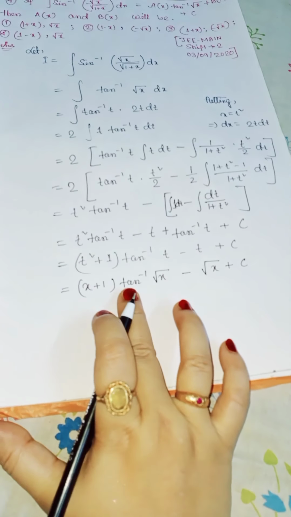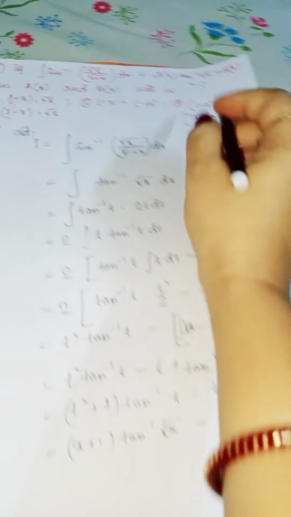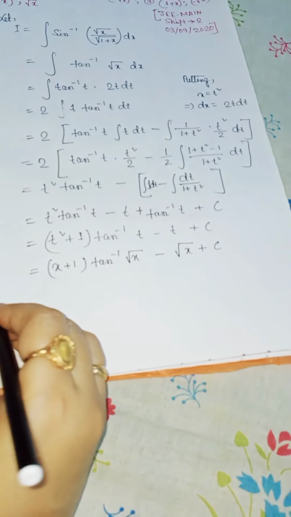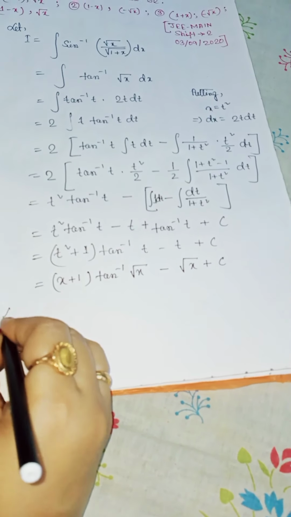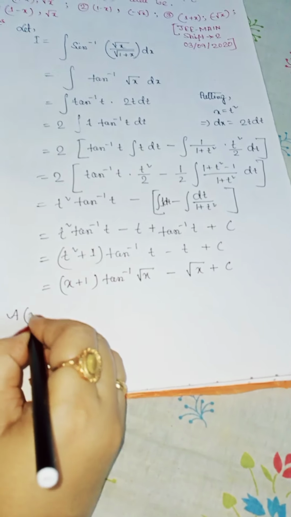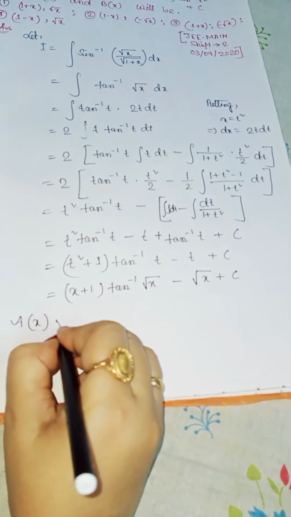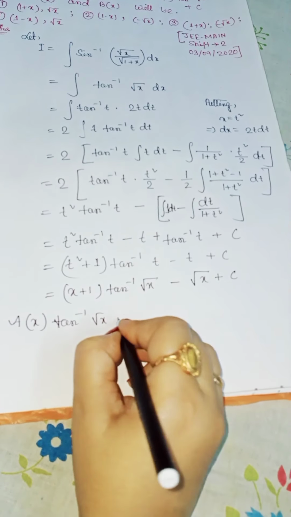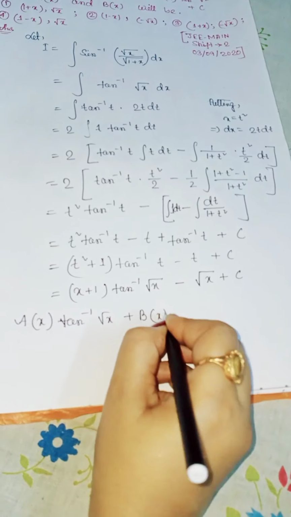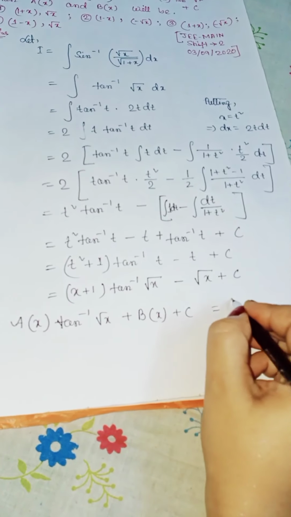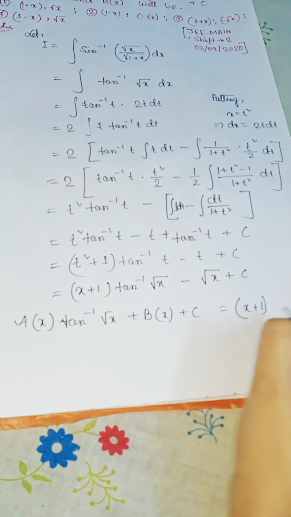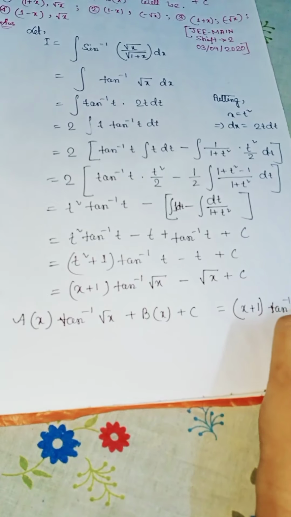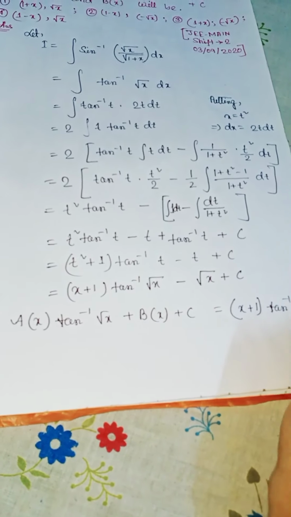So this is also given in the equation. This is similar to ax into tan inverse root x plus bx plus c, which is equal to x plus 1 tan inverse root x minus root x plus c.